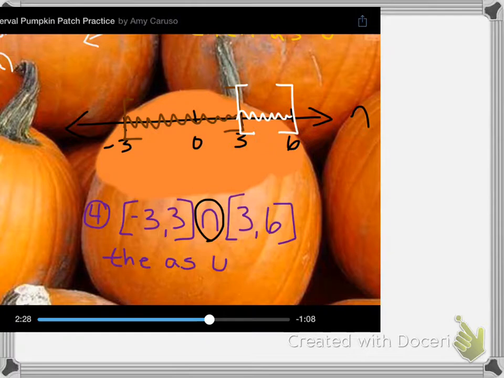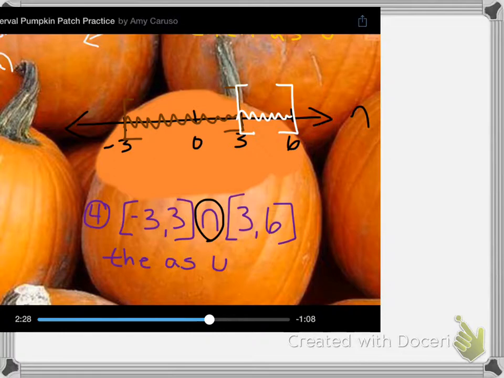Okay. So if this was an and, I went from negative 3 to 3. Inclusive. I include 3. That's what the bracket means. It's a closed circle. So I am going from negative 3 to 3, including 3, and then from 3 again, including 3, I go to 6.